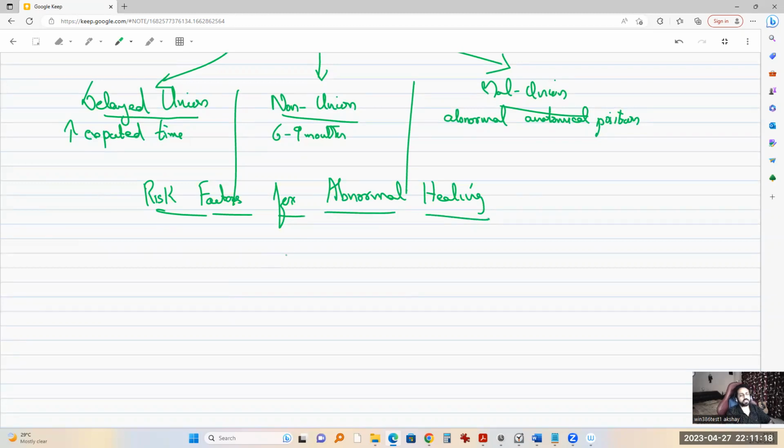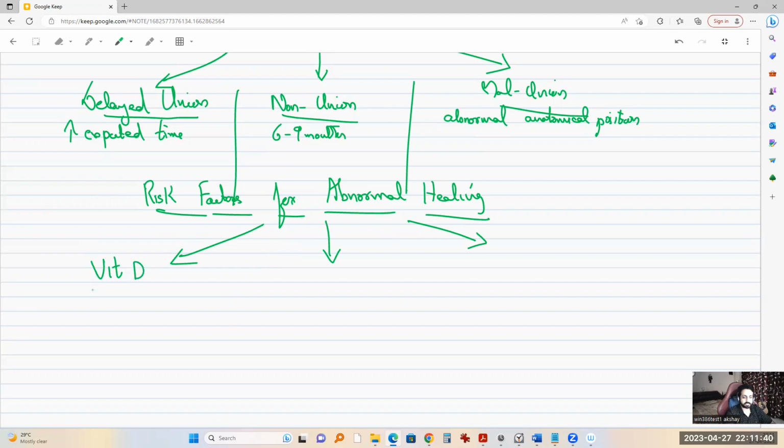It's something to do with nutrients. So what are the nutrients required for healing of the bone? You can remember it like that. One is vitamin D.